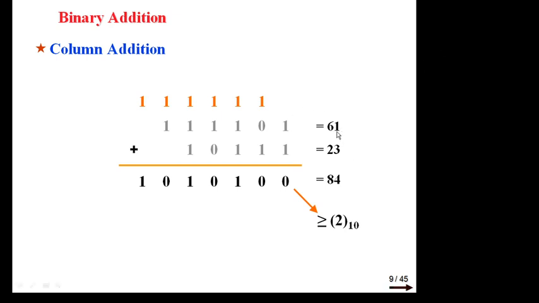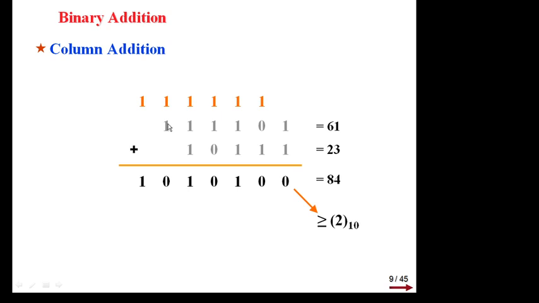This is your 61, this is your 23. How will you get 61 without doing much calculation? Again you have to remember the same thing which I discussed. Just add the positional weights. This is 1, 2, 4, 8, 16, and 32.